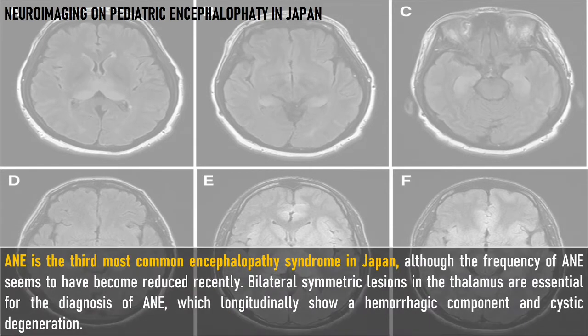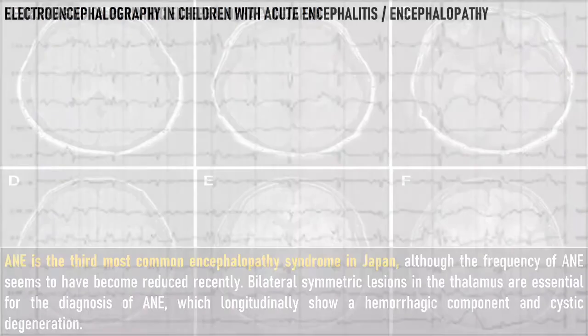ANE is the third most common encephalopathy syndrome in Japan, although the frequency of ANE seems to have become reduced recently. Bilateral symmetric lesions in the thalamus are essential for the diagnosis of ANE, which longitudinally show a hemorrhagic component and cystic degeneration.